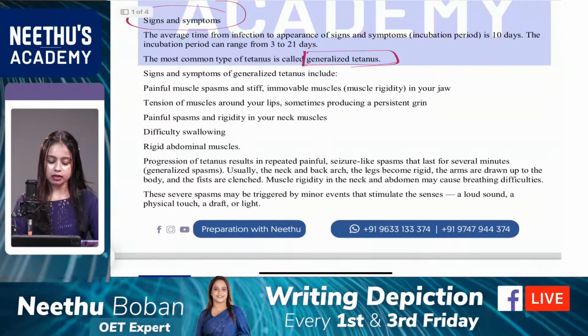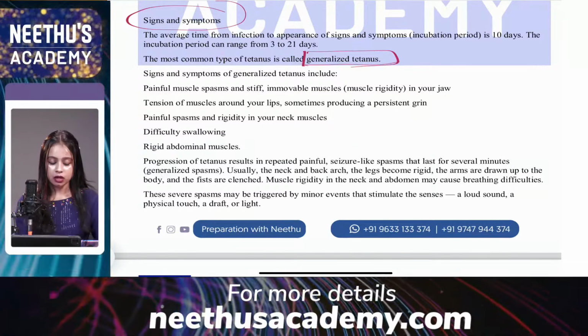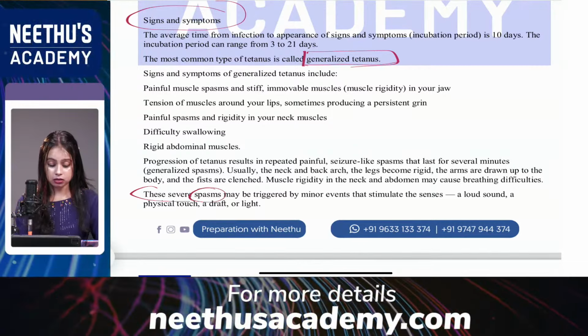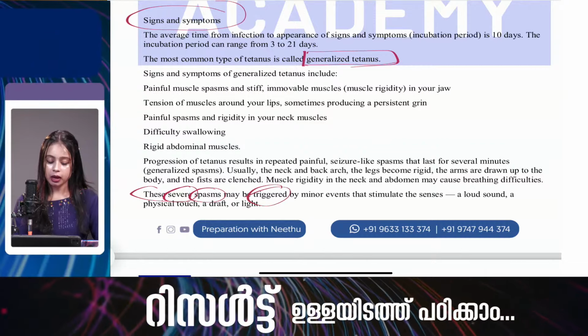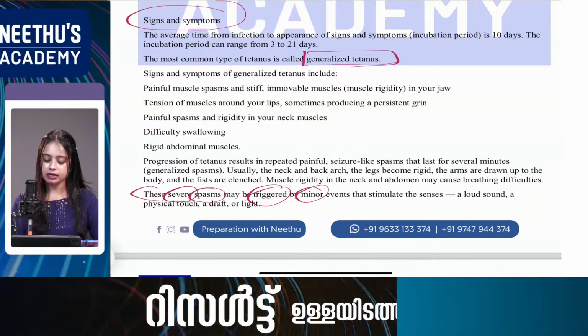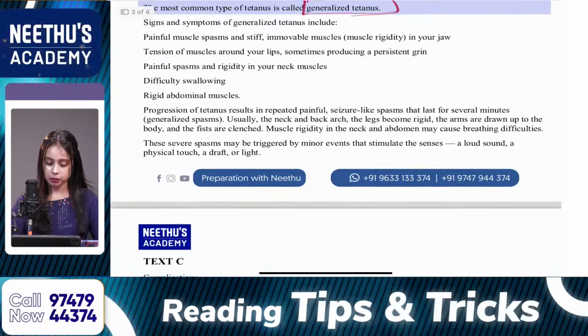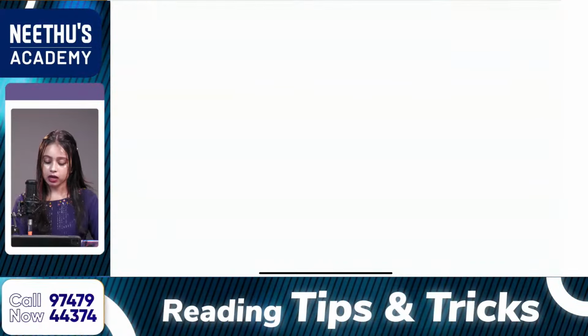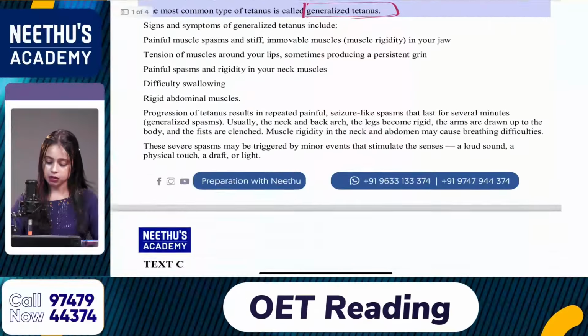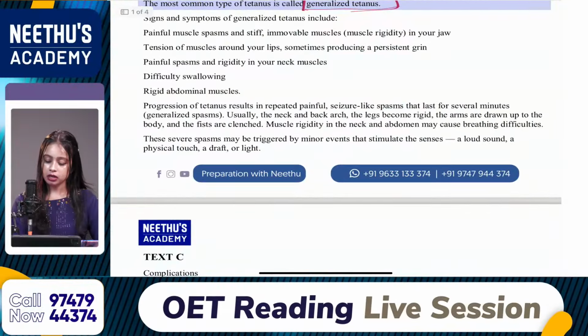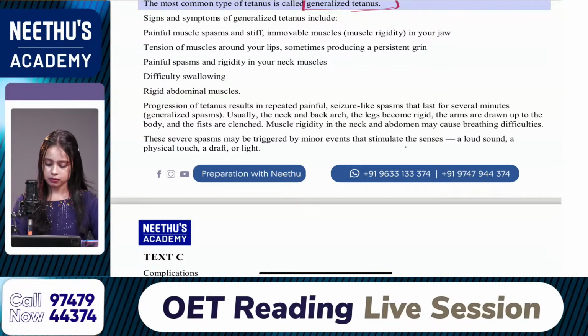So what is the correct answer here? These severe spasms may be triggered by minor events that stimulate the senses. So the answer should be what? Senses. It is the senses, because the article is mentioned here. Is the article mentioned in the question?